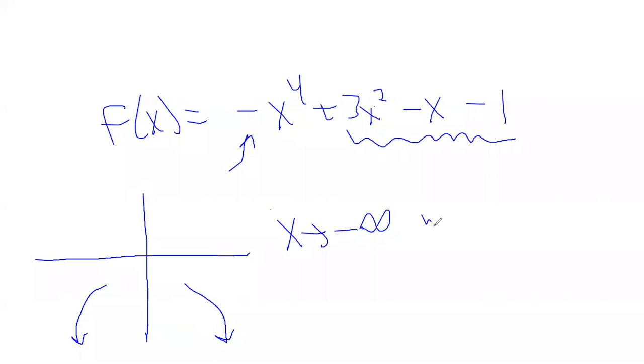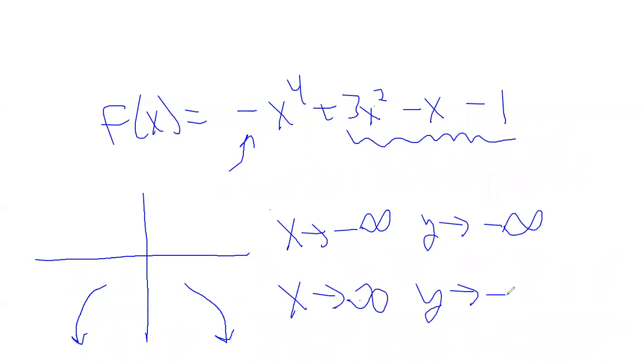So let's finish this. As x approaches negative infinity, y also approaches negative infinity. As x approaches positive infinity, y also approaches negative infinity. Okay, so that's for when the leading term has an even exponent.